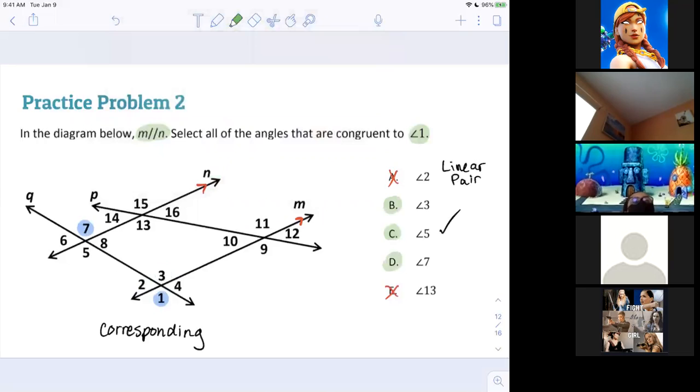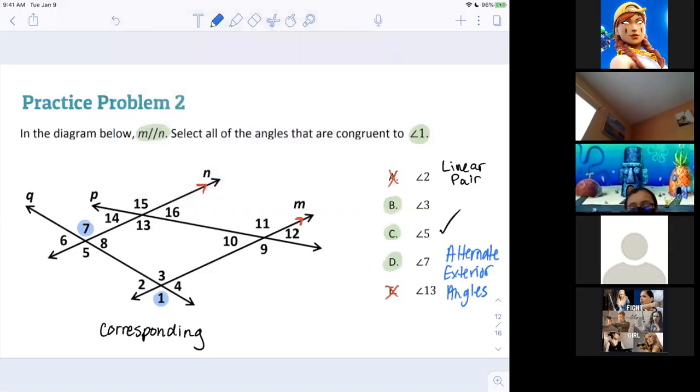Alternate exterior angles. They're alternate exterior angles, and my alternate exterior angles postulate tells me that they're equal to each other. So answers were B, C, and D.